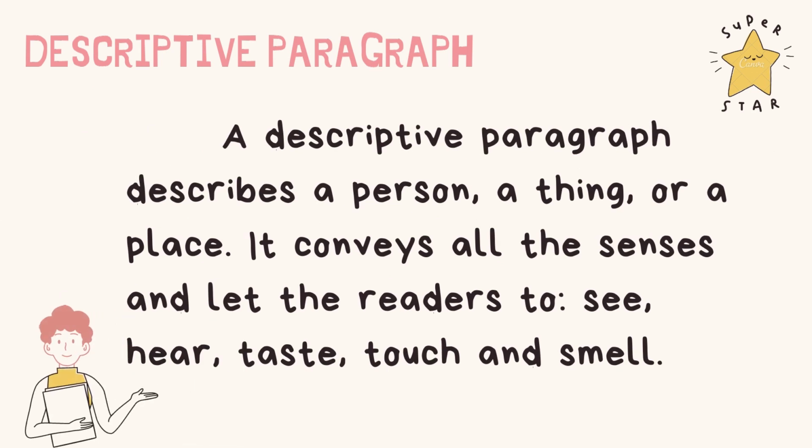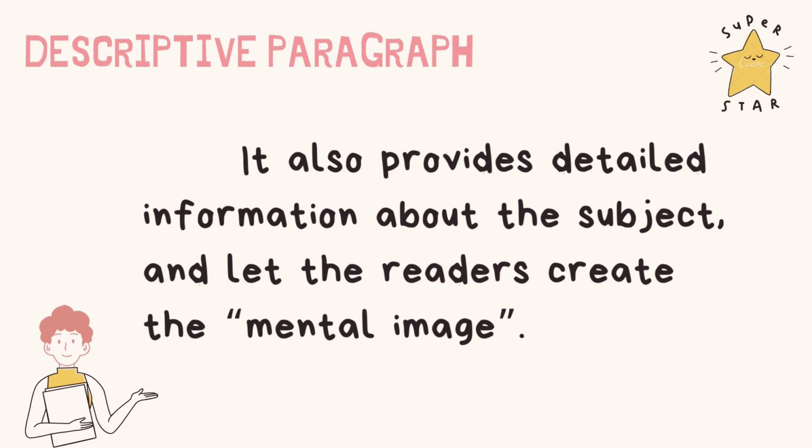A descriptive paragraph describes a person, a thing, or a place. It conveys all the senses and lets the readers see, hear, taste, touch, and smell. It also provides detailed information about the subject and lets the readers create the mental image.